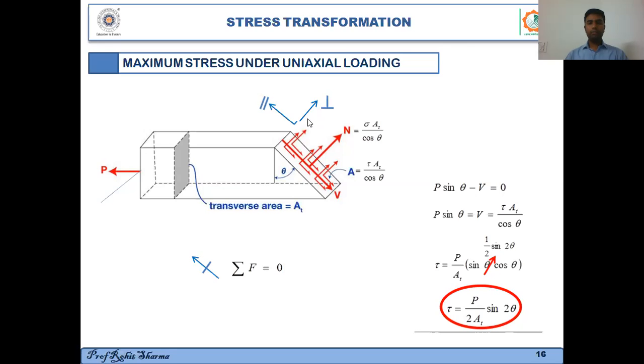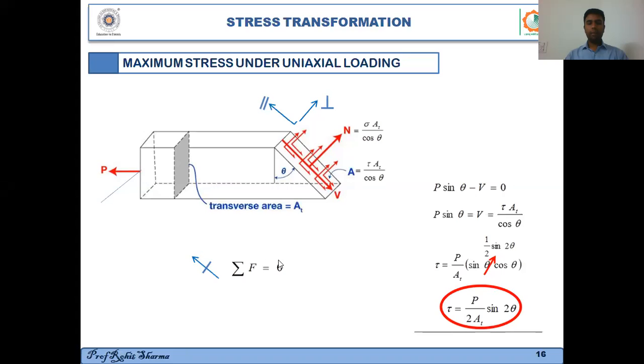So I can use the equations of equilibrium for this body, and I can find out the relationship of P, N, and theta, or P, V, and theta, because P is the external applied load, N is the internal resisting force, and V is the internal shear force.